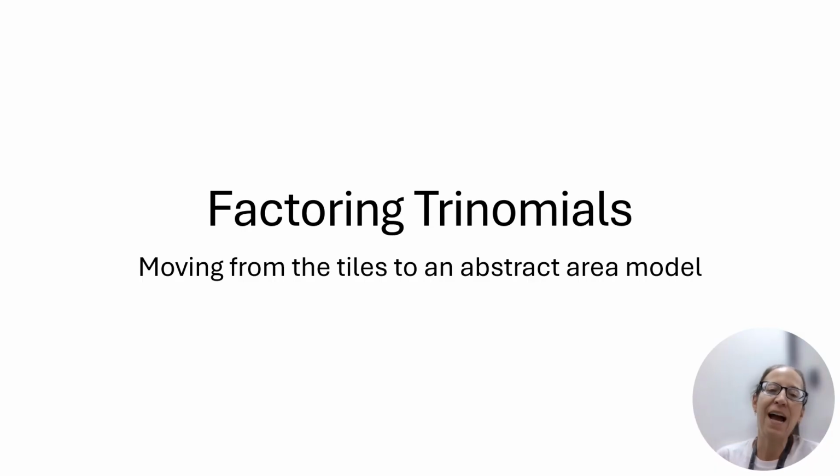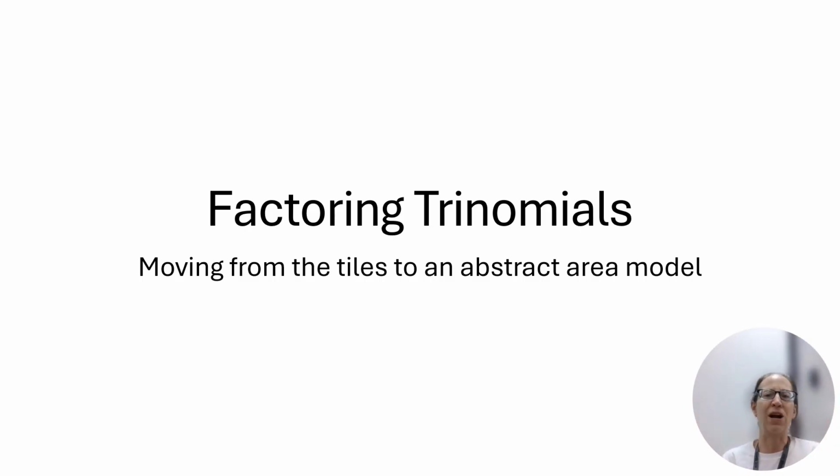So in this lesson, we're going to look at factoring trinomials and moving from the tiles to an abstract area model. The tiles are great, and I honestly think they are one of the slickest ways to look at factoring, but they really restrict us in terms of how many tiles we have and how much space we have to work in.